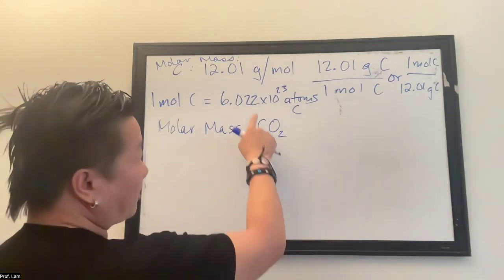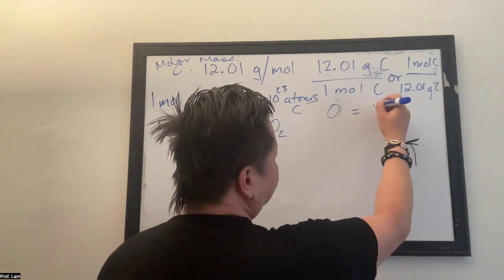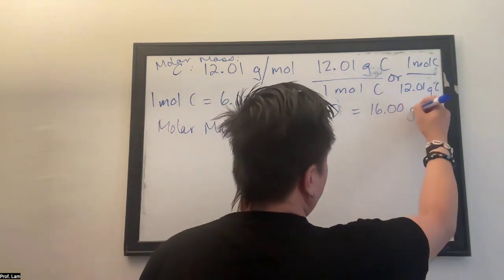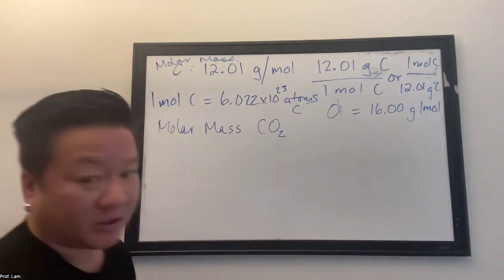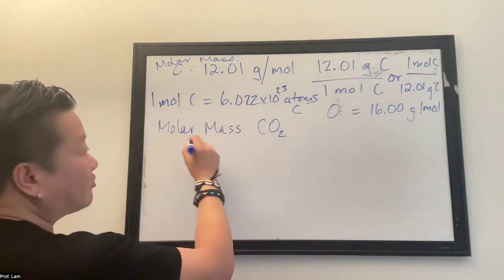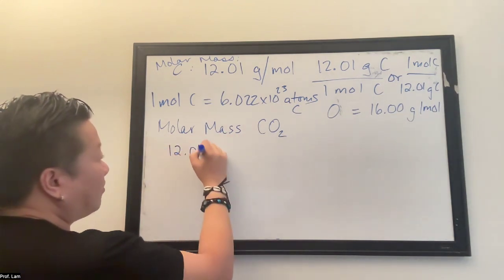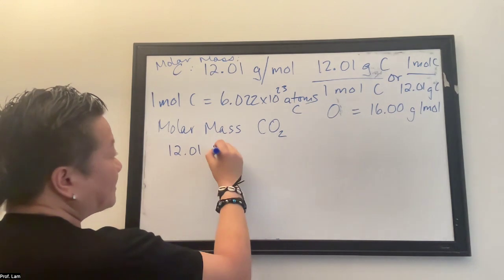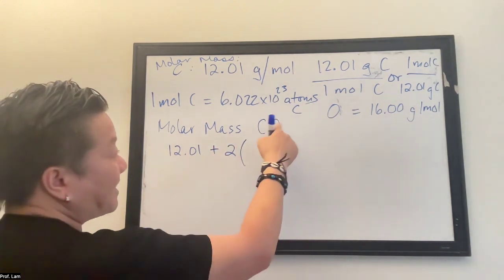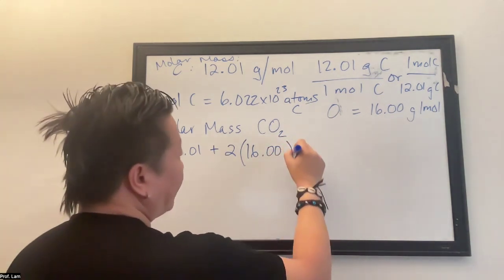So we already know carbon's molar mass. Oxygen's molar mass is 16.00 grams per mole. Right? You can, again, get that from your periodic table. Okay. So to get the molar mass of CO2, all you need to do is take 12.01 plus 2 times oxygen's value, which is 16.00, right?